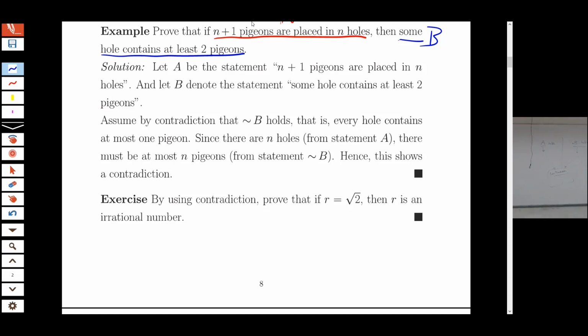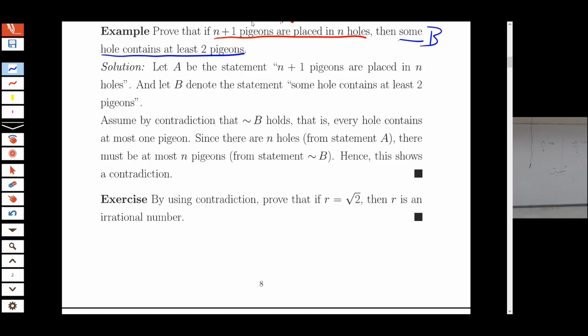Sometimes the statement that we are given is not in the form of if-then, but you must put it in the if-then form before proving. For example, for a real number x, that means if x is a real number, then what happens?